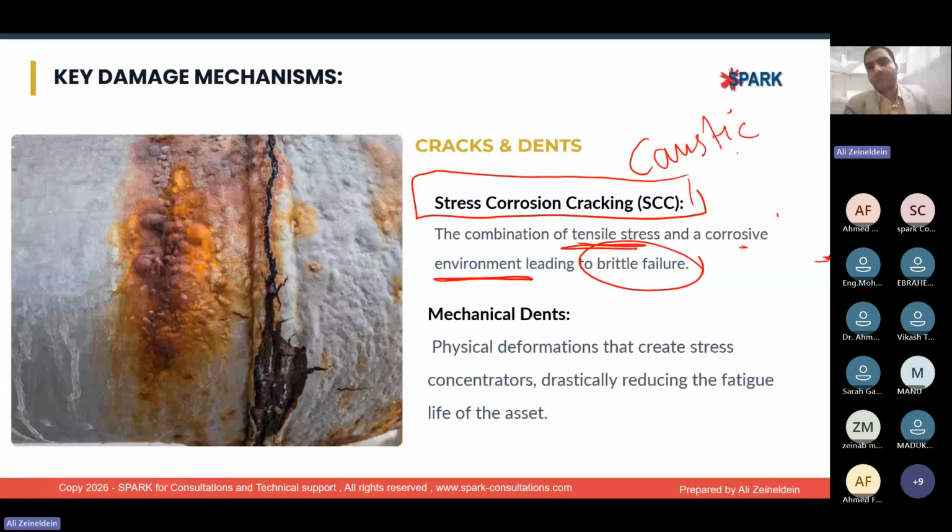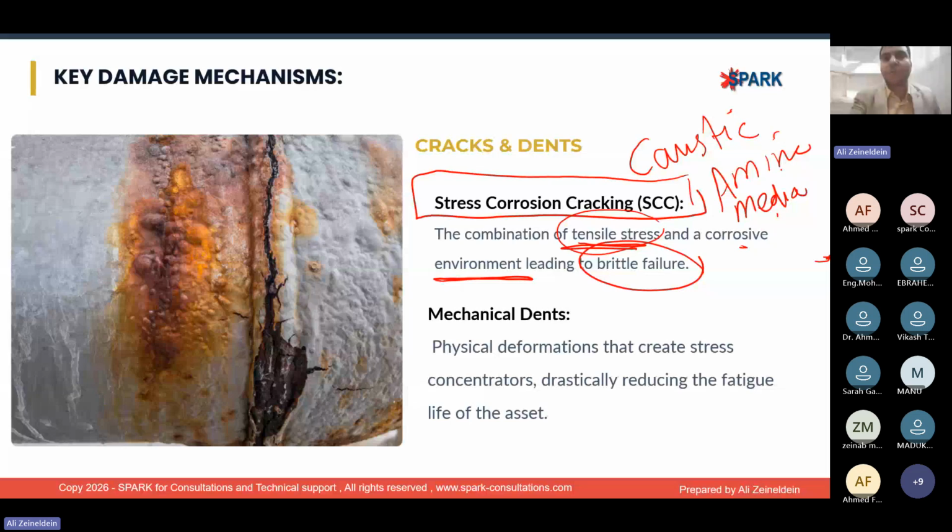The residual stresses from the welding itself, combined with this kind of corrosive media, will lead to this cracking.